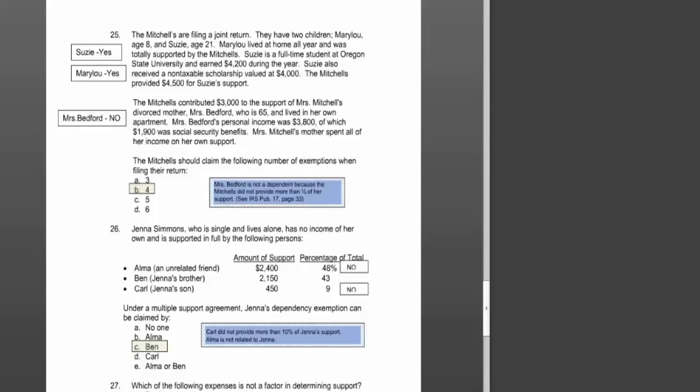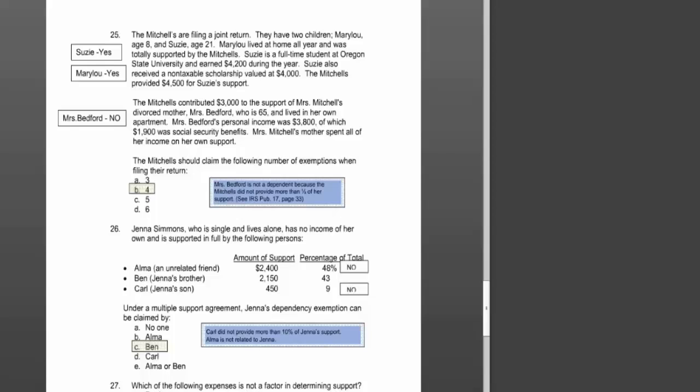Now, the Mitchells also contributed $3,000 to the support of Mrs. Mitchell's divorced mother, Mrs. Bedford, who is 65 and lived in her own apartment. Mrs. Bedford's personal income was $3,800, of which $1,900 was Social Security benefits.